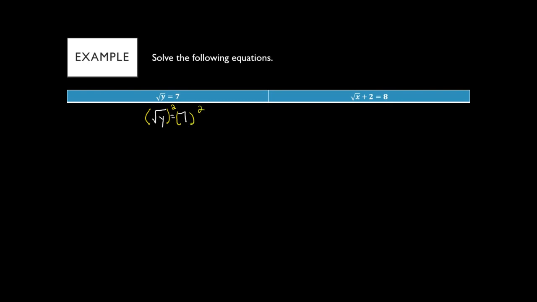Whatever you do to one side of the equation, you always have to do to the other. So the square root and the square cancel out. So we're just left with y. And then we get 7 squared, which is 49. So that would be our answer, but we need to check just to be safe.